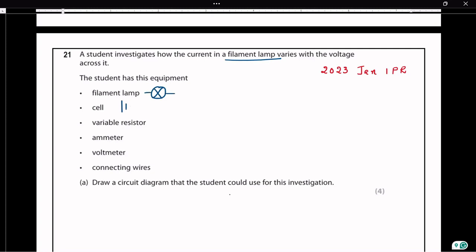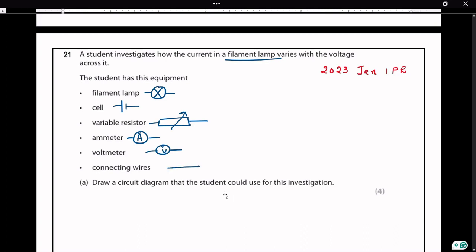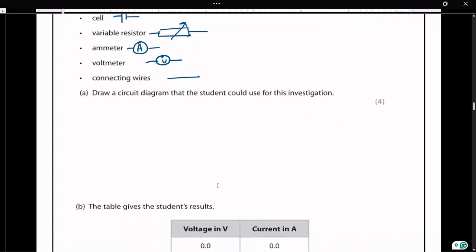Then we need a cell. There must be a variable resistor, an ammeter, a voltmeter, and of course the connecting wires. Draw the circuit diagram.